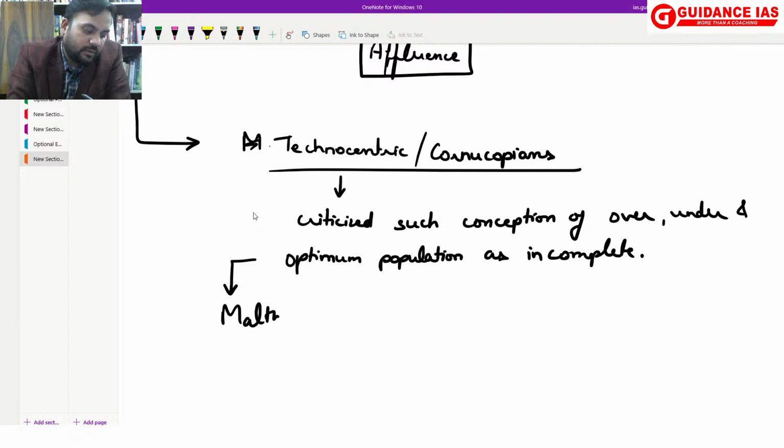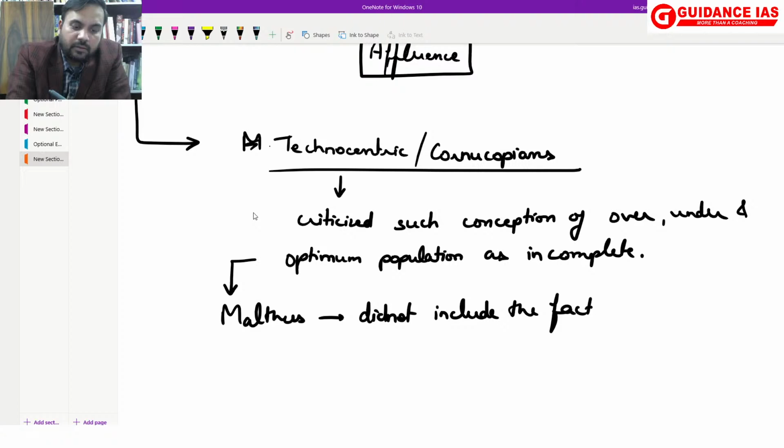Malthus did not include the factor of technology.